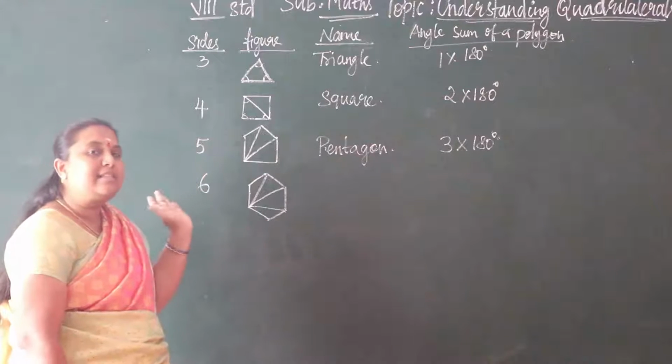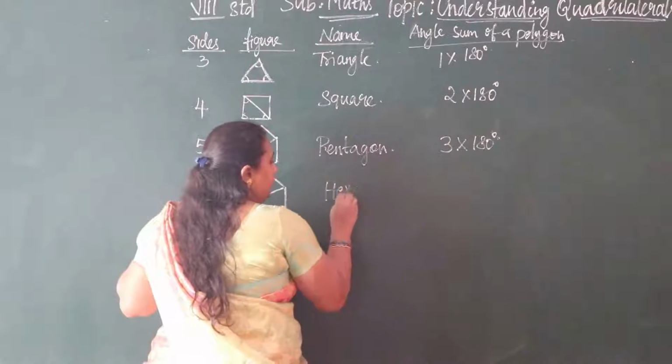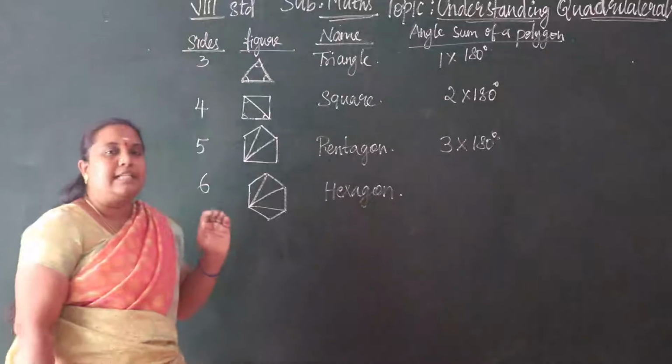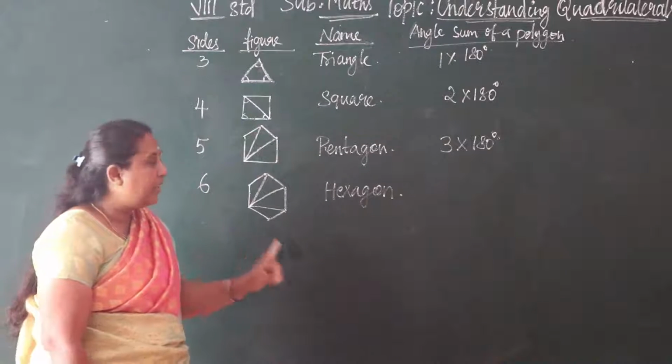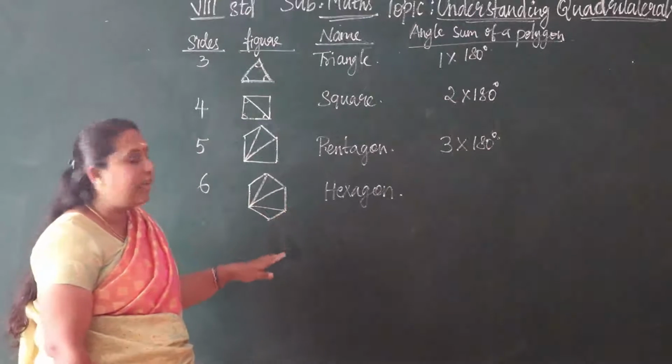What is the name of the six-sided polygon? Hexagon. The name of the six-sided polygon is a hexagon. So in a hexagon, how many triangles are there?